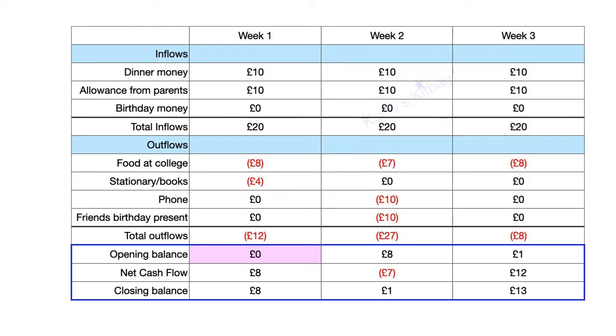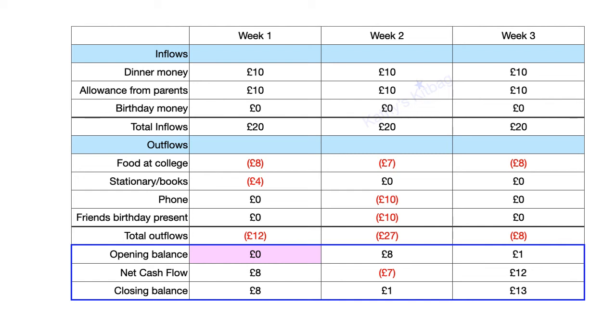So all the other figures, in terms of the inflows and outflows, are the same. All that will have changed is those lines at the bottom, because of the working through with that opening balance. So you now see that by the end of week 1, they've got a closing balance of 8.